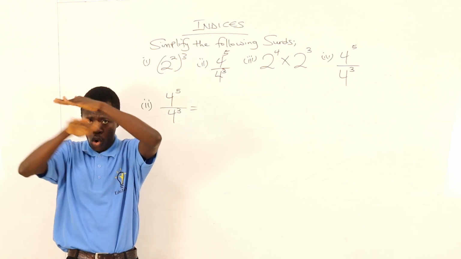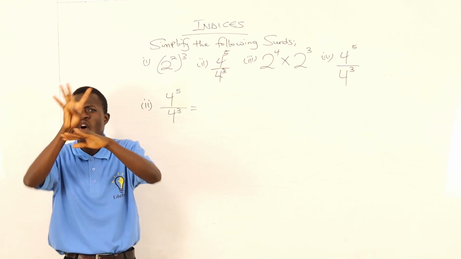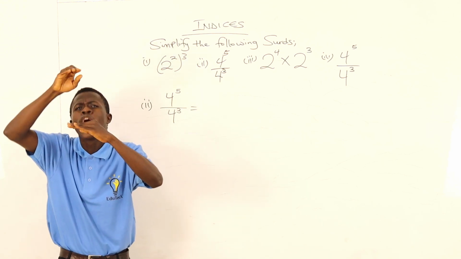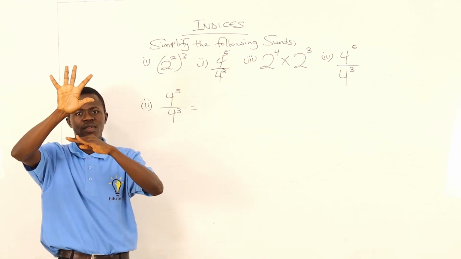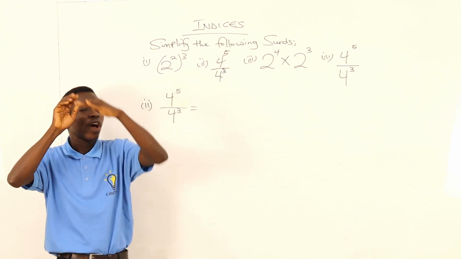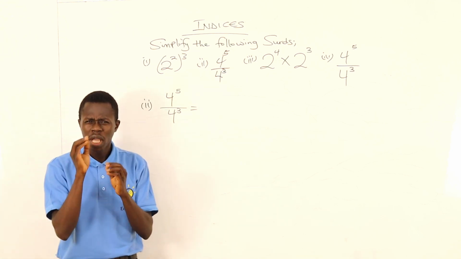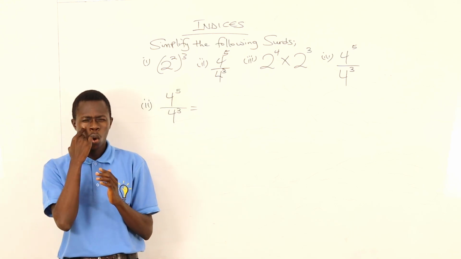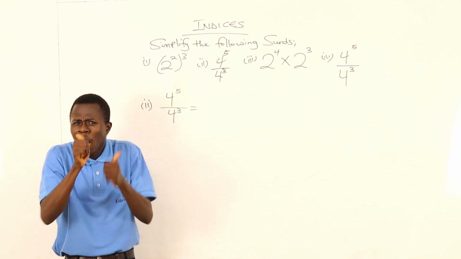With II, we have a fraction, the numerator being 4 to the power 5, 4 exponent 5, and the denominator being 4 exponent 3, right? Okay.